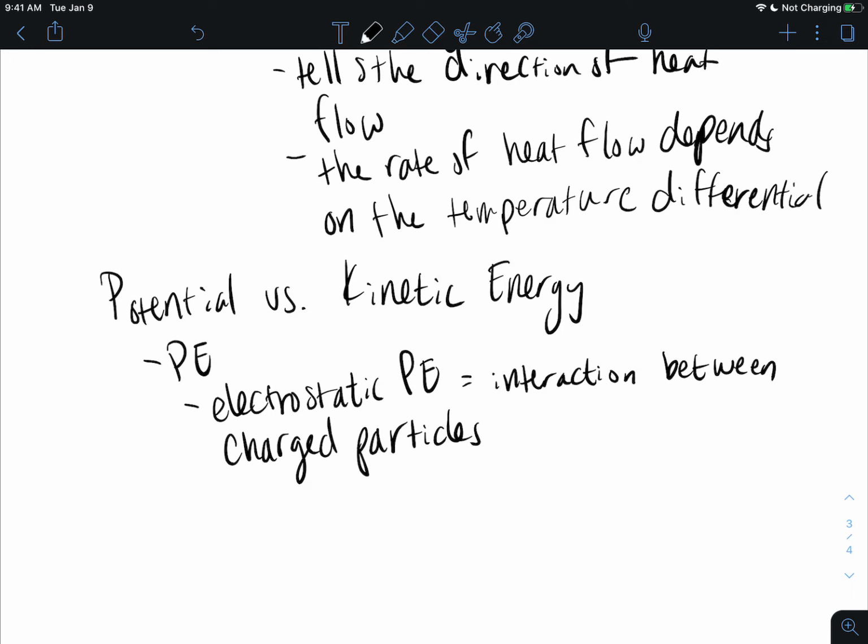And we will bring up electrostatic potential energy many times. And we also have chemical potential energy, basically the energy stored in the arrangement of atoms within a molecule.